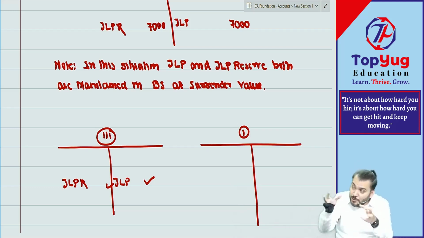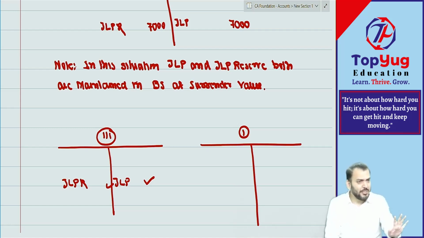So to remove your doubt, I first started with why sometimes JLP will come, sometimes JLP will not come, and sometimes JLP and JLP reserve both will come. Have you understood this much? Then only I will proceed. Correct? Understood?